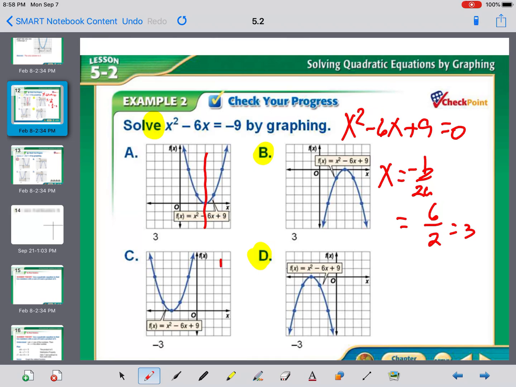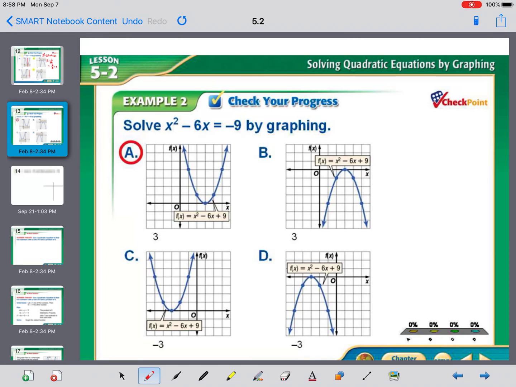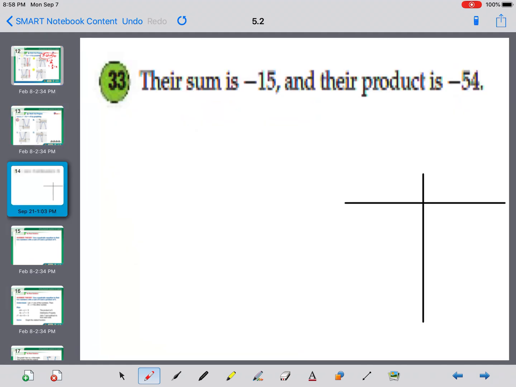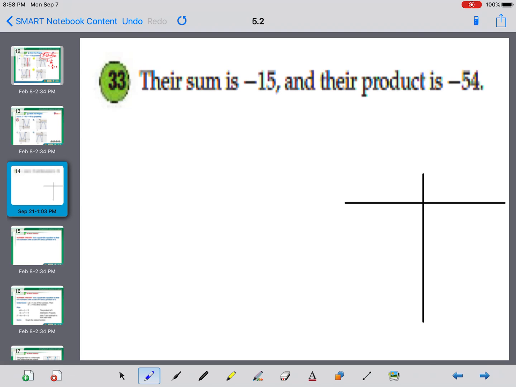And so my axis of symmetry is negative b over 2a, which is a positive 6 over 2, which is 3. So the axis of symmetry is at 3. And so the answer is A. And I should mention, that's a perfect square, which is why there's one solution.